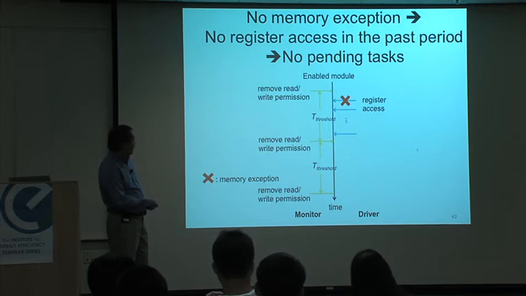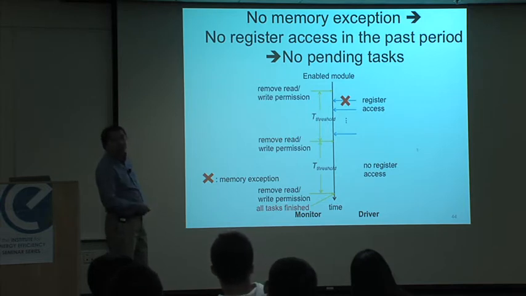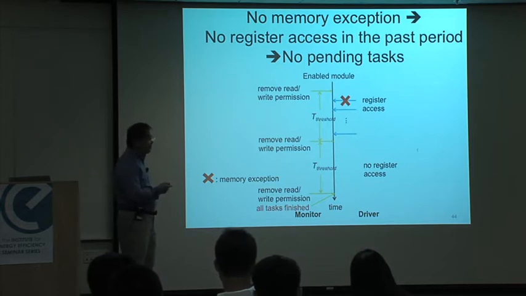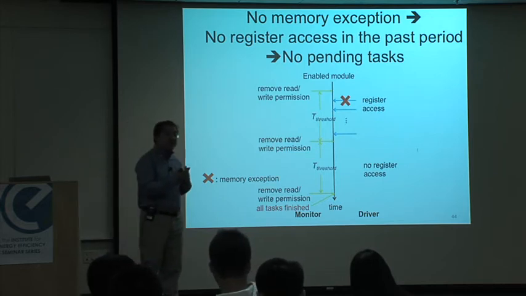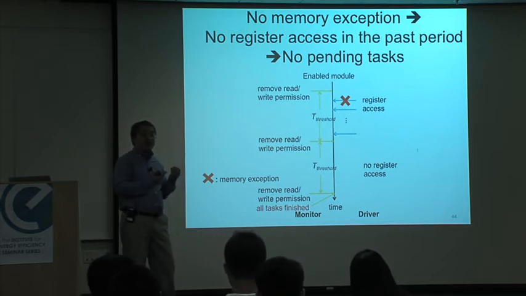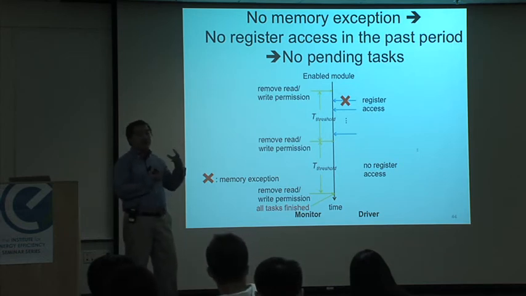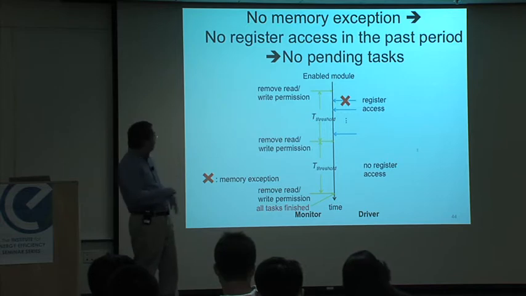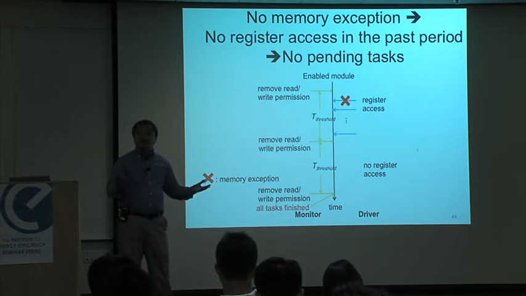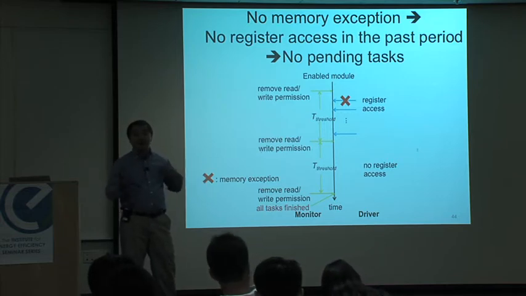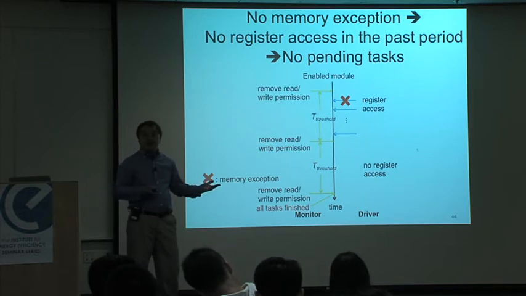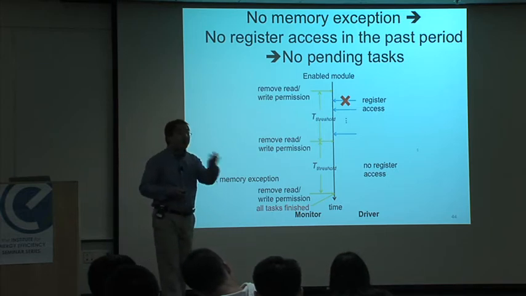In that case, all tasks are finished, and you can disable the module. This is very simple logic. You periodically remove the permission so that you can trap register accesses. If you don't trap any register access for a period of time, T threshold, you assume there's no pending task. Therefore, you go ahead and disable the module, so that the hardware can go into low power states.